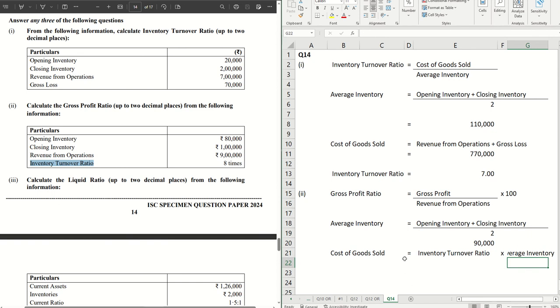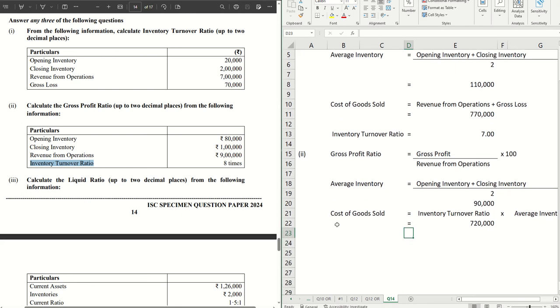Okay, let's put the values. So the inventory turnover ratio we have is 8 times. So 8 multiplied by average inventory. Just now we calculated 90,000. So it's 7,20,000. That's our cost of goods sold.